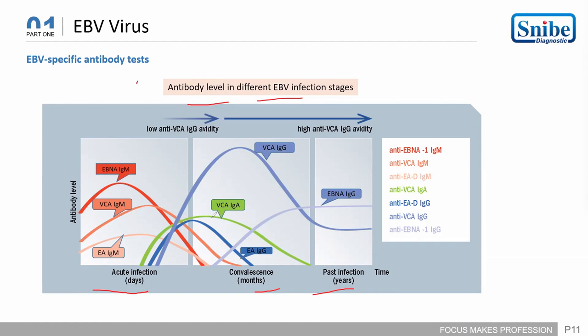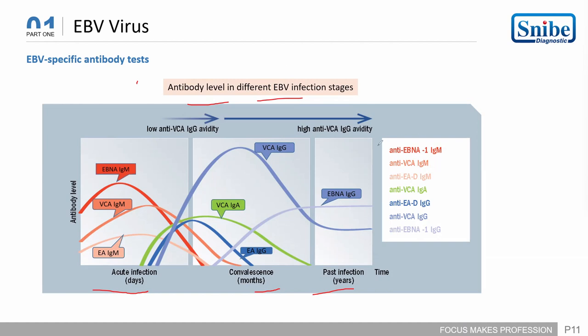These are the three markers for the convalescent month of infection, and for past infection after years, EBNA-IgG helps. So antibody levels in different EBV infection stages help you diagnose acute, chronic, or past exposure to the EBV virus.